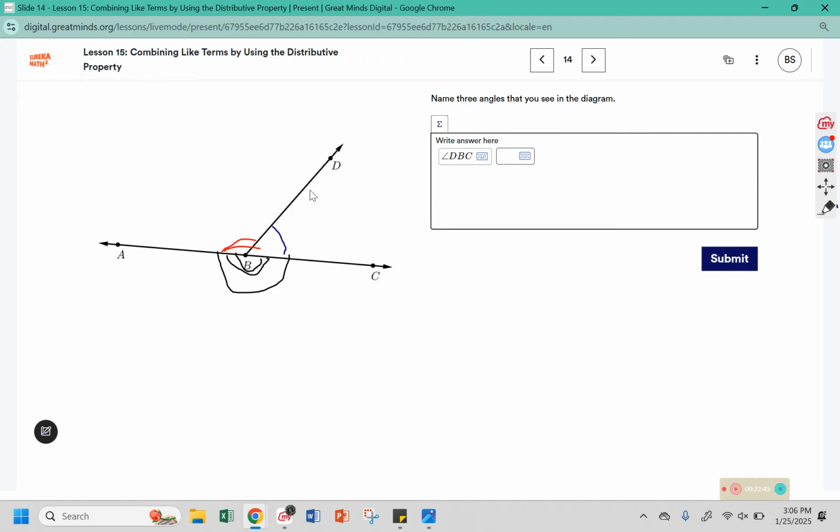We also have this red angle, which starts at D, goes to B, and then to A. And then we have a third angle, which starts at C, goes to B, and then to A.